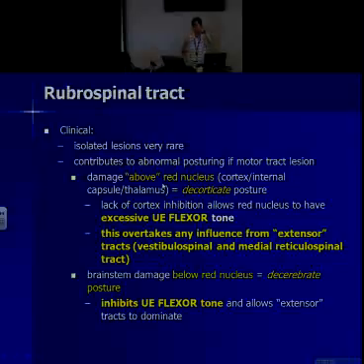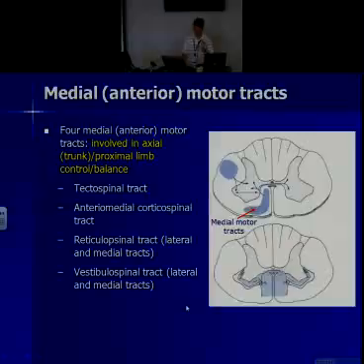So if you damage above, it allows this rubrospinal tract to have lots of flexor tone, and it would be helping promote that decorticate type posturing, if you will. The opposite, if you knock out the tract, then you're going to obviously not have that flexor tone, and it'll be contributing towards that decerebrate type posturing. And again, I say that with a very simplistic caveat, if you will.